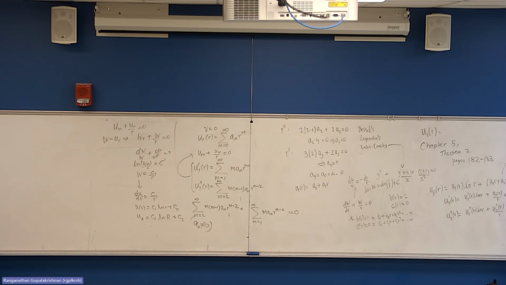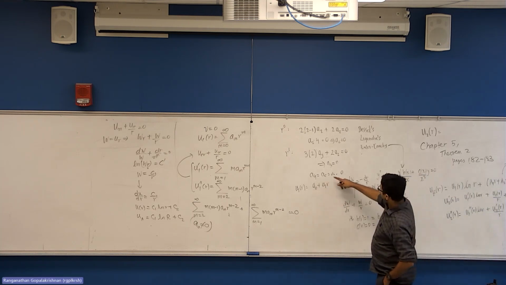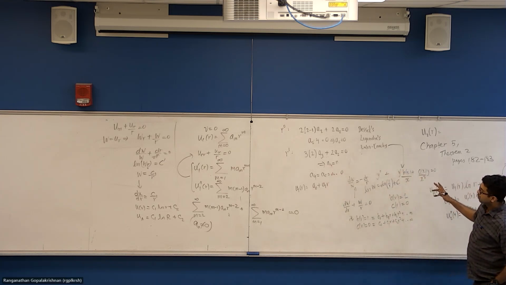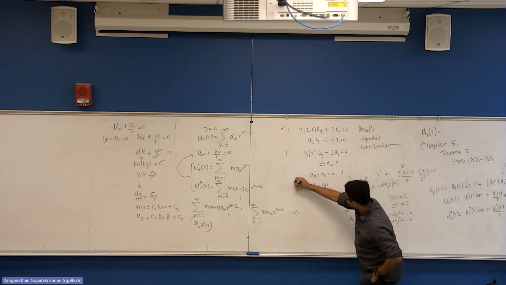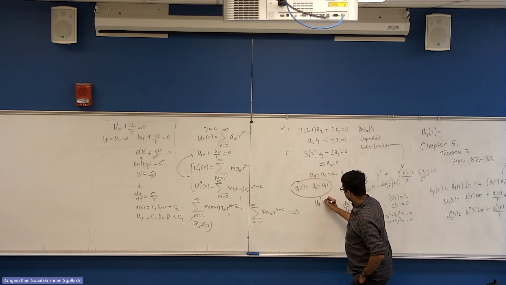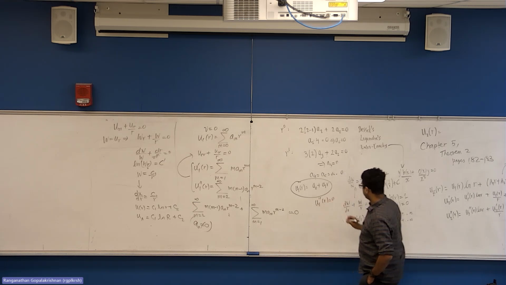Do you see any simplification possible here? If this is your u_1, u_1 double prime of r should be equal to 0.